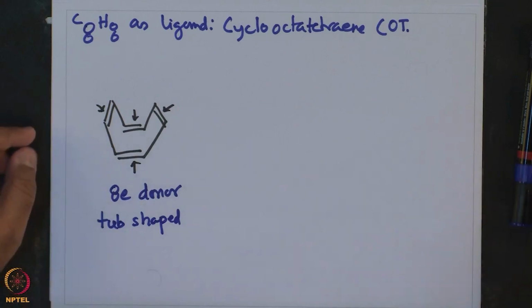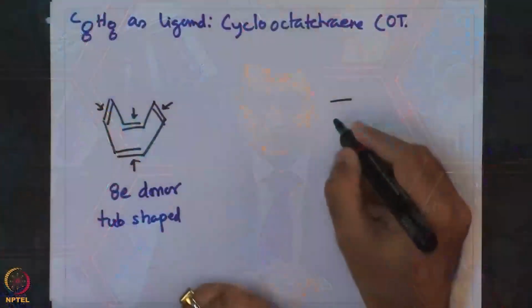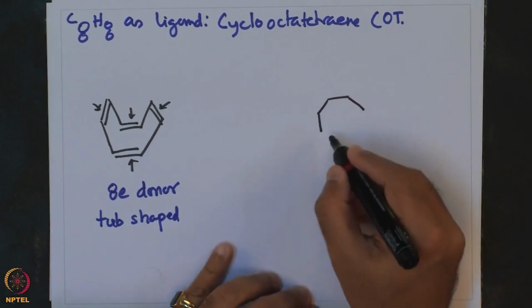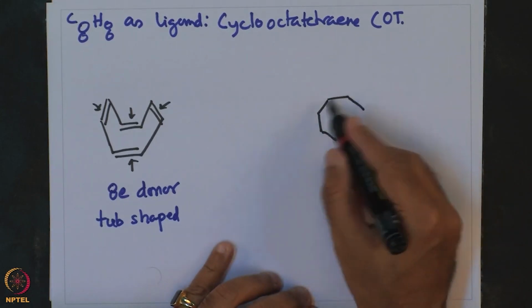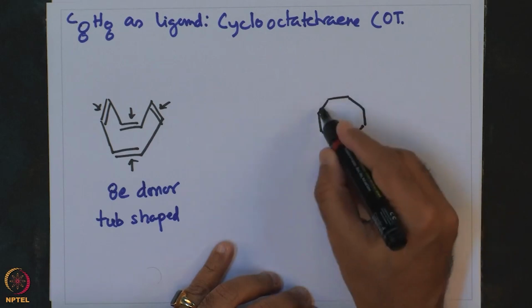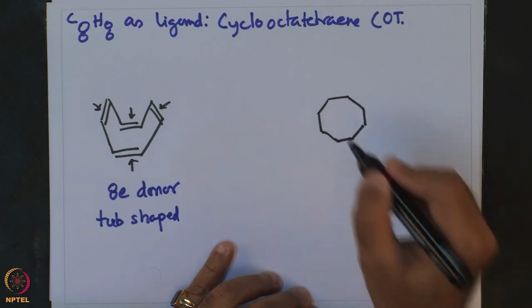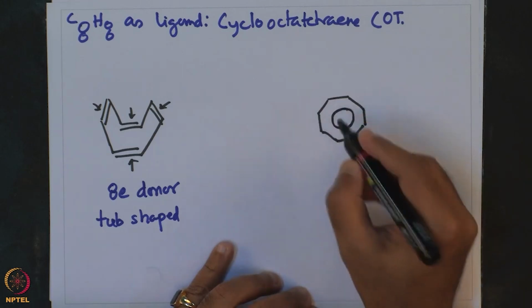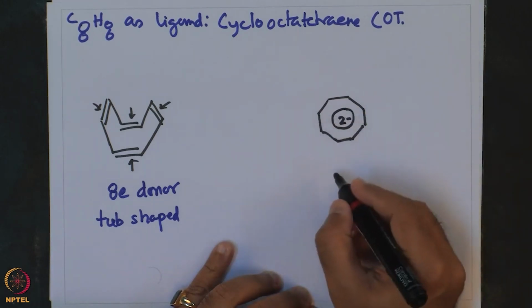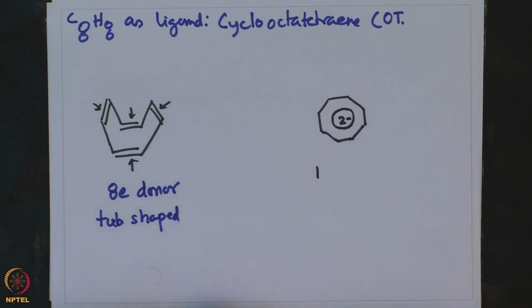The other possibility for this COT structure is obviously the planar 10 electron donor structure, which is shown over here. This is a planar structure which is dianionic, and it is a 10 electron donor.